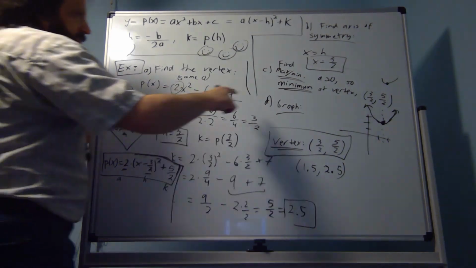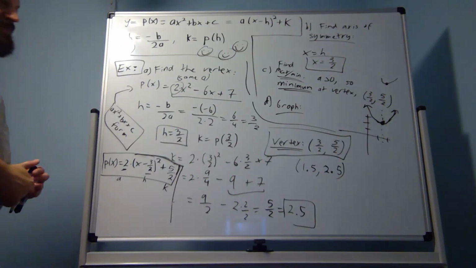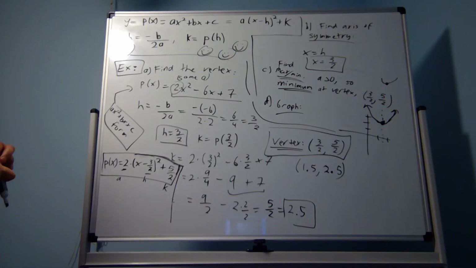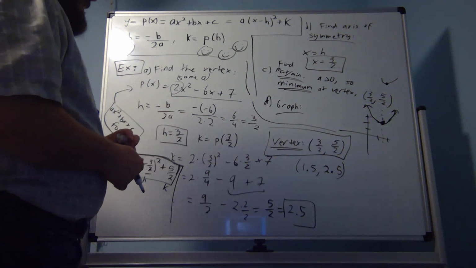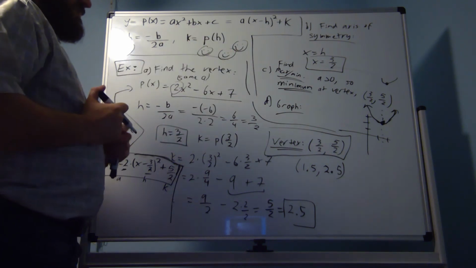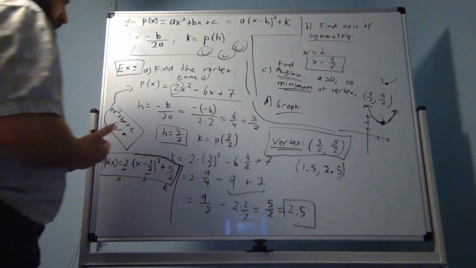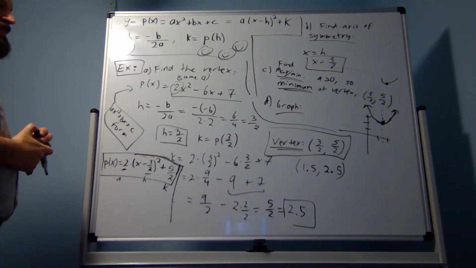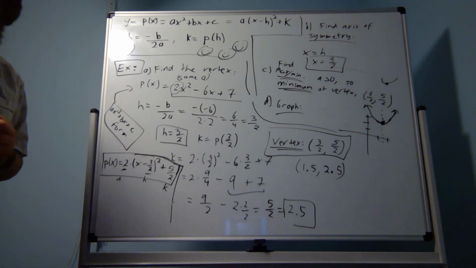It opens up, it has this H and this K. If I ask for a really nice graph, I might tell you to use 2 or 3 points to the right of the vertex, and then use symmetry. So you would have a total of like 5 points, for example. That would give you a nicer picture, but for multiple choice, finding the vertex and the axis of symmetry and which way it opens, up or down, gives you a pretty good start.